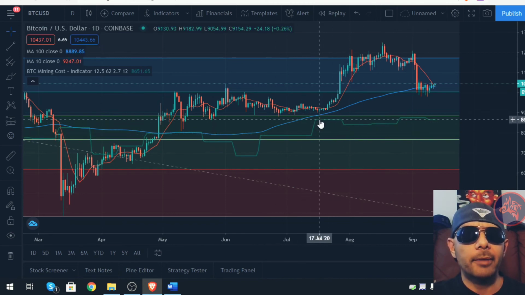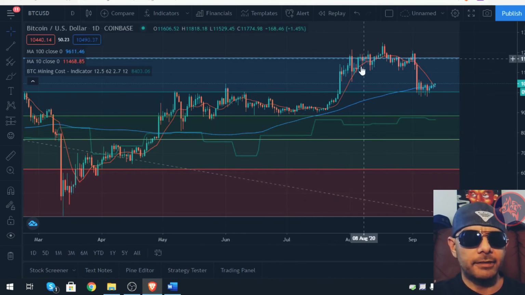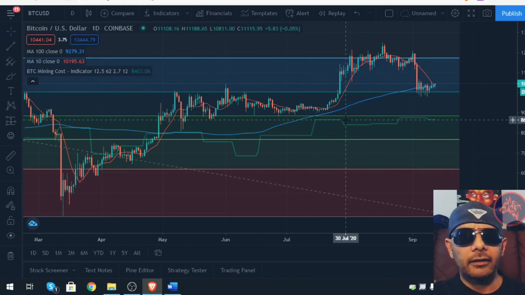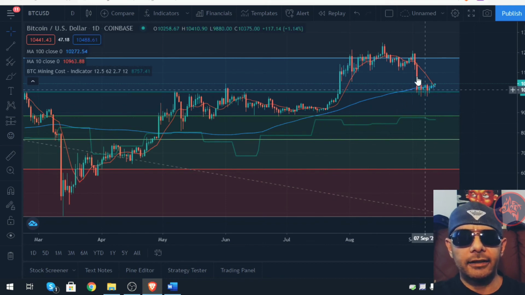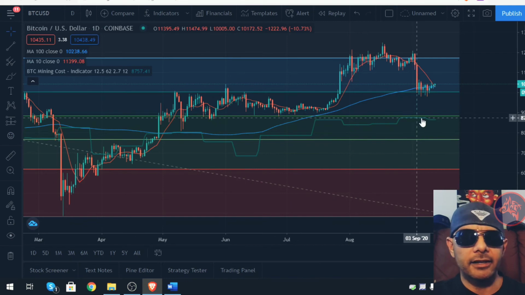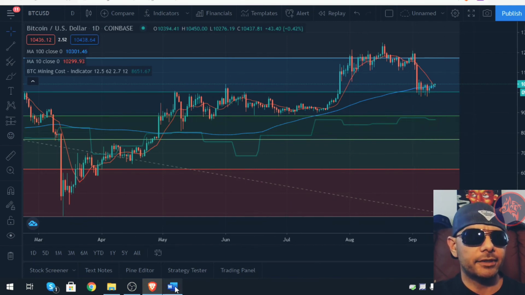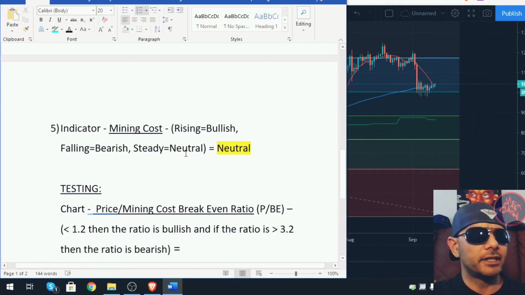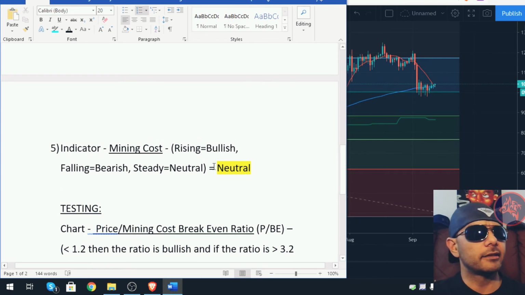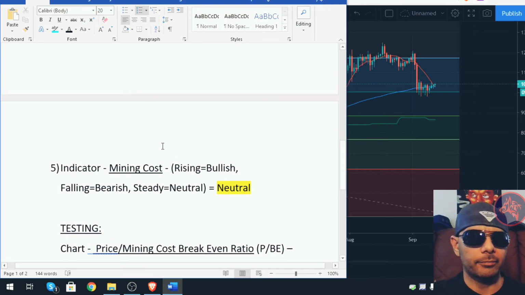When it's going up, they're saying the mining costs are going up, and when it goes sideways, and now this made a drop, you didn't see any significance on the mining cost, but it's still steadily going sideways. So what does that mean? Rising means bullish, falling means bearish, and steady means neutral. So it really didn't show me anything on what's going on, at least from a macro point of view, or what to look for in the actual market right now, if there's anything huge going on.